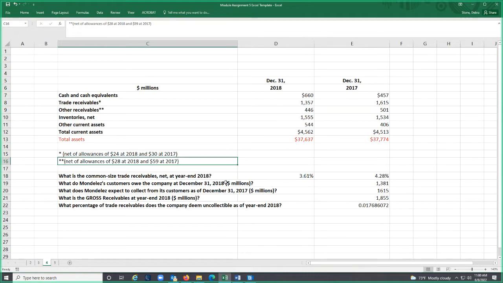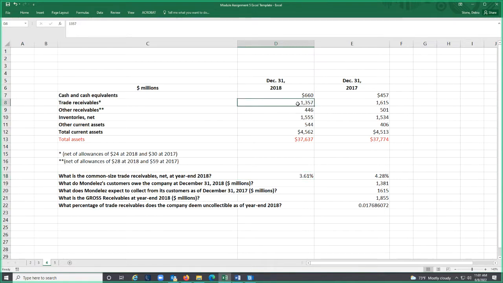So the first question, what is the common size trade receivables at year end 2018? If we remember correctly, and remember you need to use this and know this for the finance class, this is a percent of sales calculation, or the percent of the balance sheet calculation that we had done before. So what we're going to take here is trade receivables.